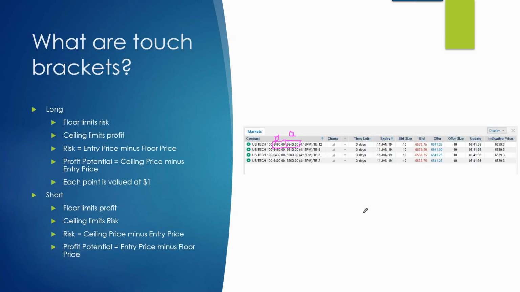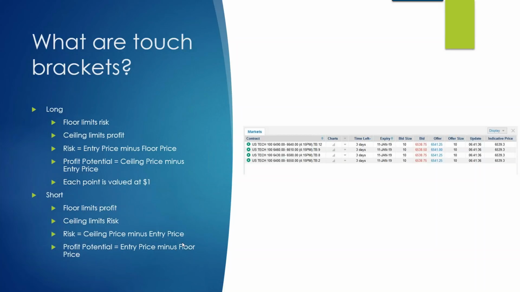If you are going long, the floor is going to limit your risk. If you are long, the ceiling will limit your profits, okay? Does everybody understand that? You have to understand that concept if you're going to trade the touch brackets.